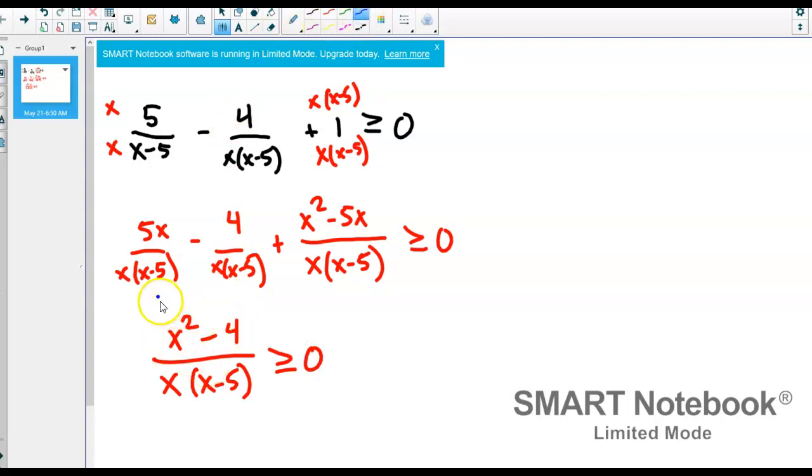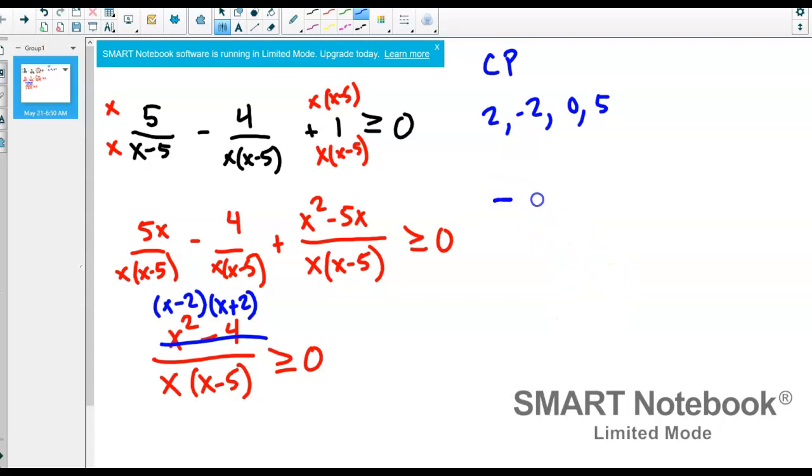Then I'm going to factor my numerator. My numerator factors to x minus 2, x plus 2, which is awesome. I can now identify my critical points. My critical points are going to be whatever makes my numerator and denominator equal to 0. So I'm going to have 2, negative 2, 0, and 5 are my critical values.